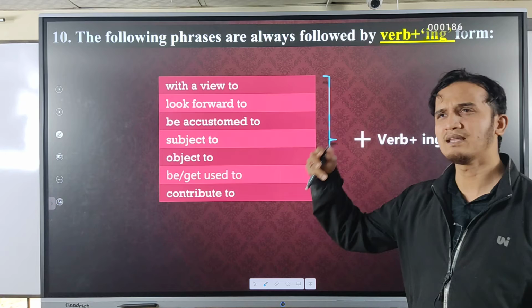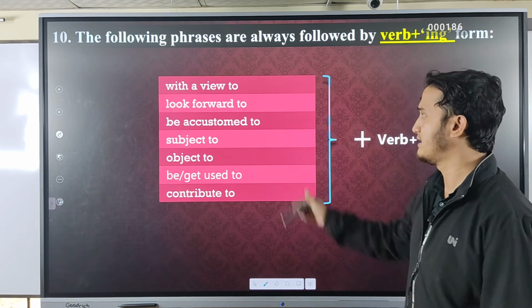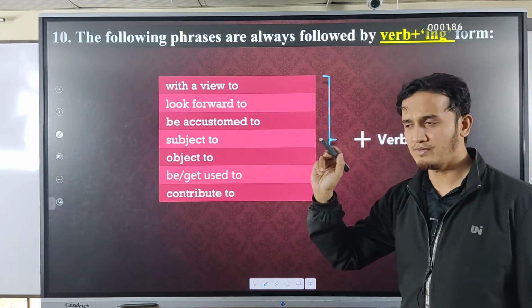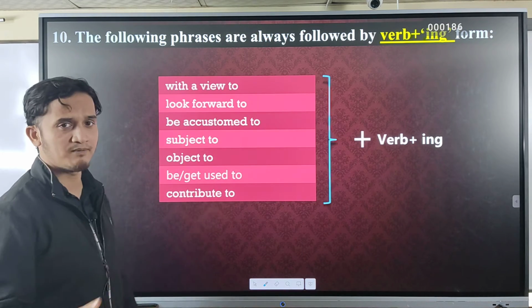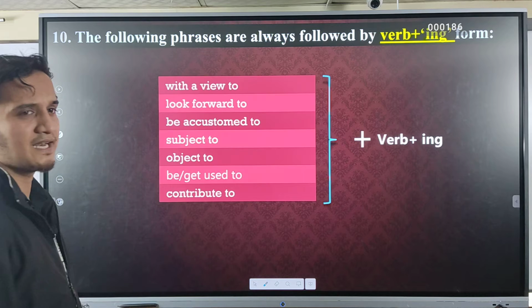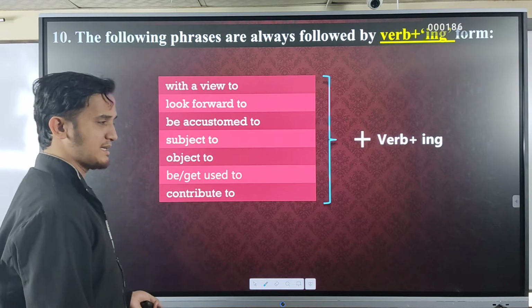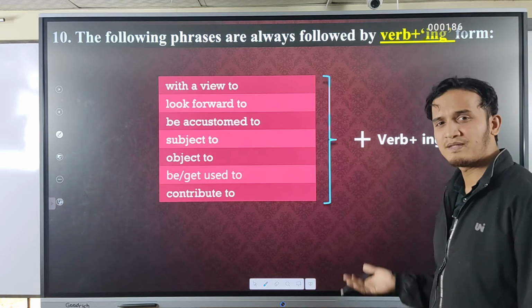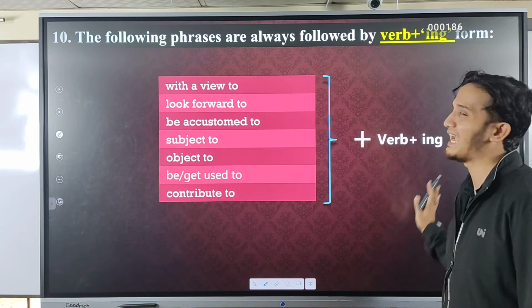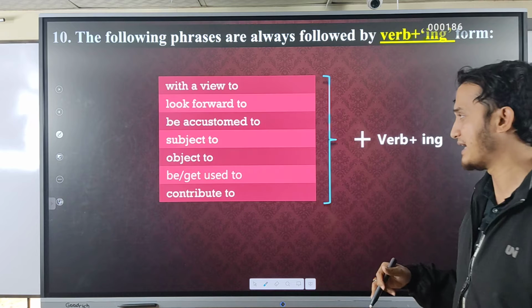As we studied in our last class, after the word to, called infinitive, we use the base form of the verb. But these phrases are exceptions. They always make the following verb into the present participle form, that is verb plus ing.